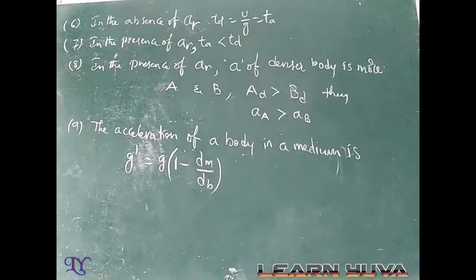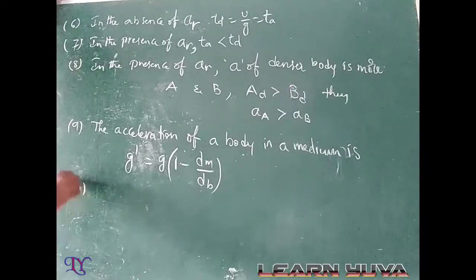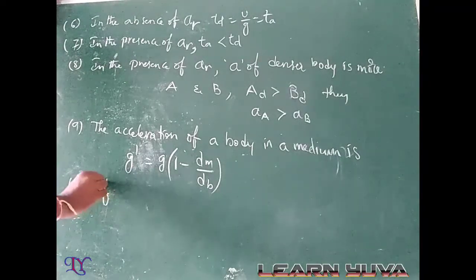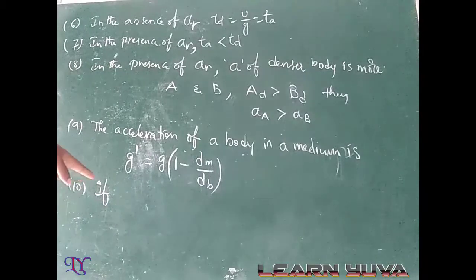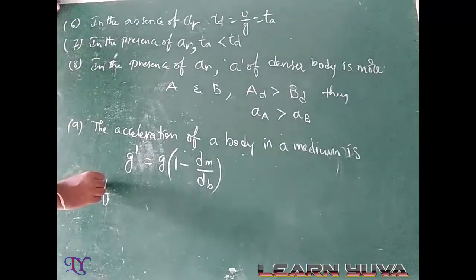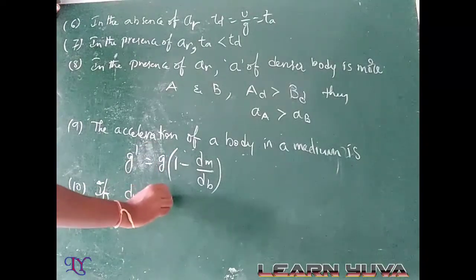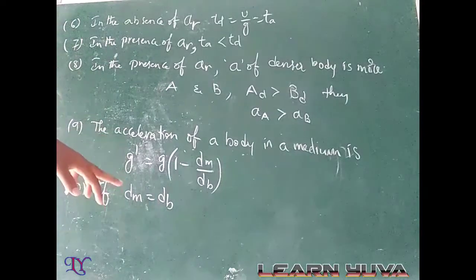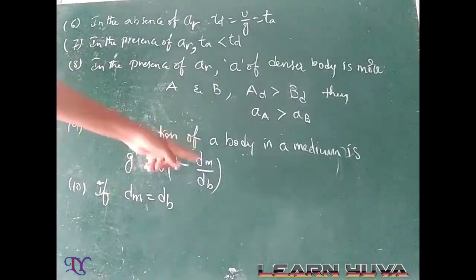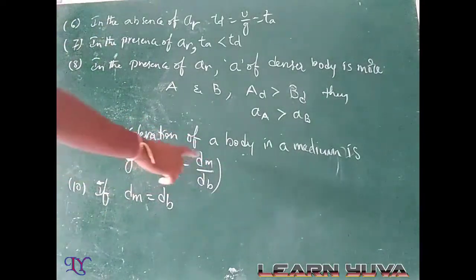If the density of the medium is equal to the density of the body, if both are equal, then what happens?